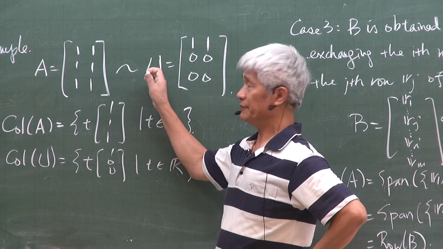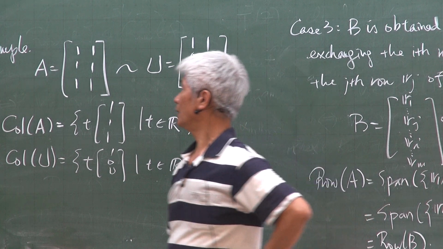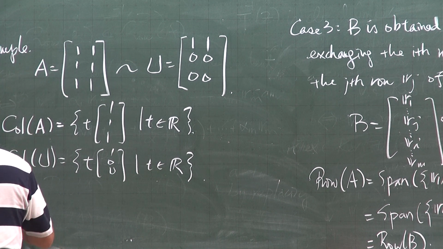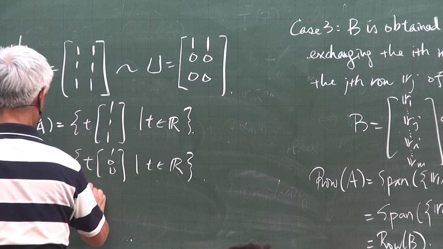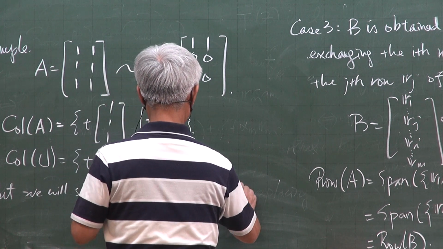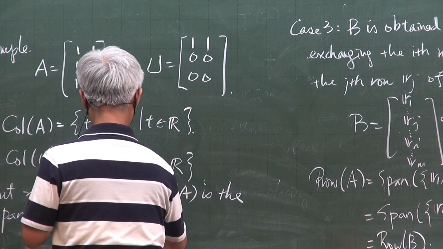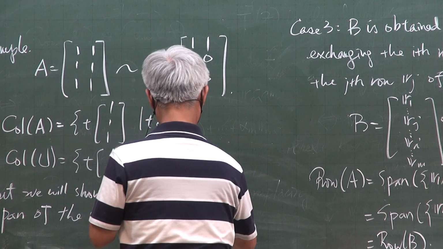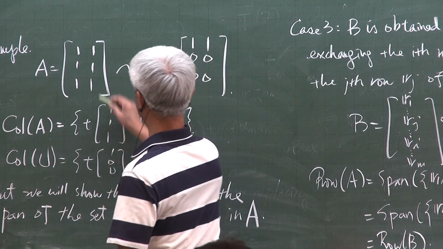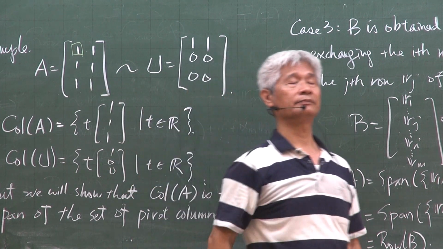But it turns out that the information contained in U has something to do with the column space of A. All right, so I make a remark here: we will show that the column space of A is the span of the set of pivot columns in A. For example, this is a pivot column because we have a pivot here, so the column space is spanned by only the first column.